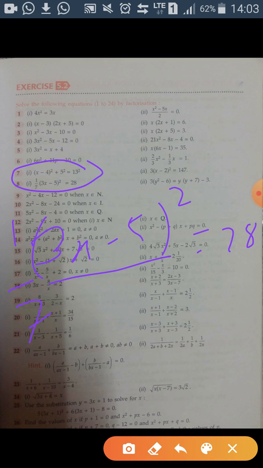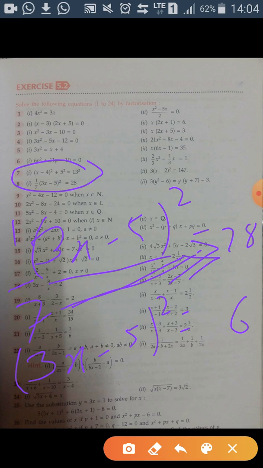First, cross multiply, so 3x minus 5 whole square is equal to 28 into 7. 28 into 7 is 196. Then you break this a minus b whole square, bring this 196 to the left hand side, and solve it.